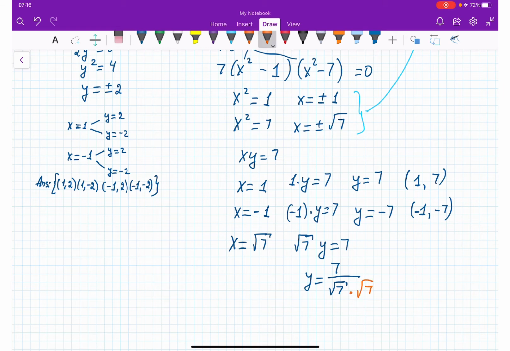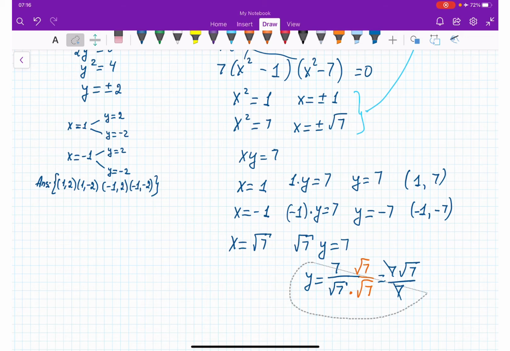Multiply here by square root of 7. That's how I get rid of it. Here also multiply by square root of 7. And I am getting 7 square root of 7 divided by 7. 7 and 7 are gone. The answer is square root of 7.